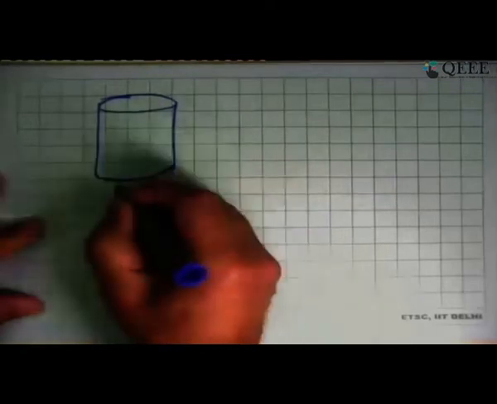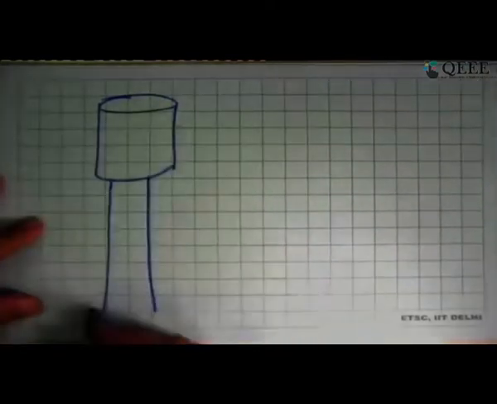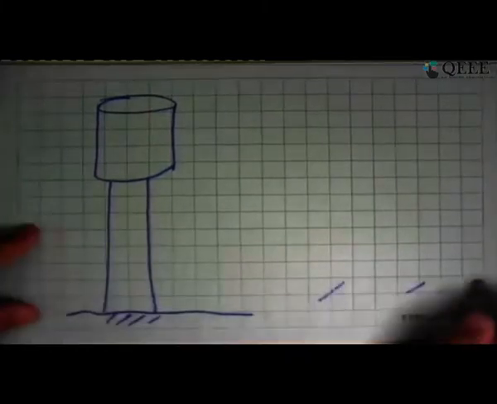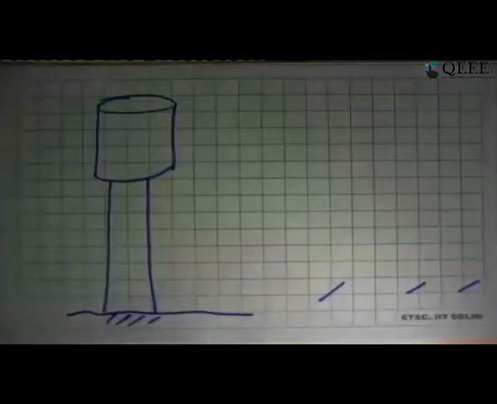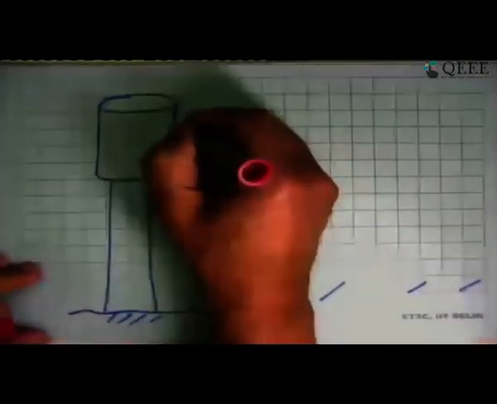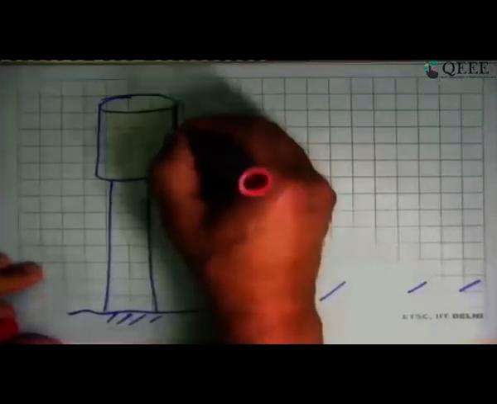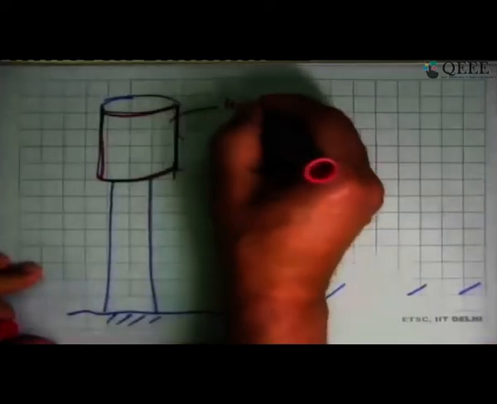If you have seen solar concentrating applications, there's a tower, and I'm just drawing a particular thing, which is supported at a height over the ground. There are lots of mirrors here called heliostats, which reflect solar energy onto this. So this solar radiation falls on it. Part of it is absorbed, some of it is reflected, and the external surface of this becomes hot.